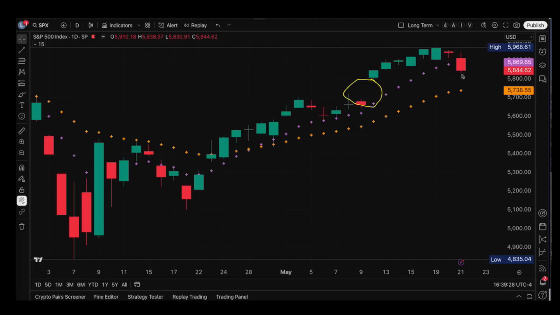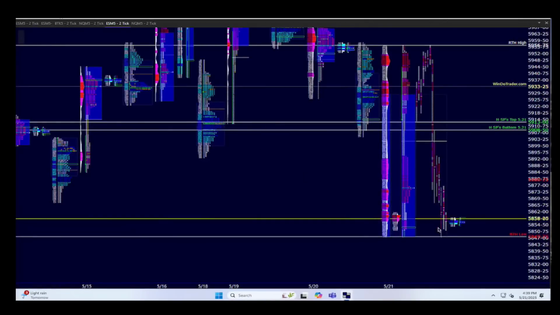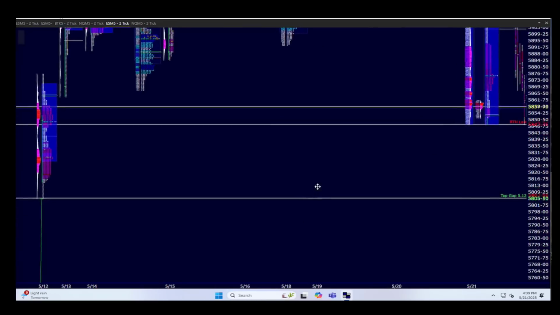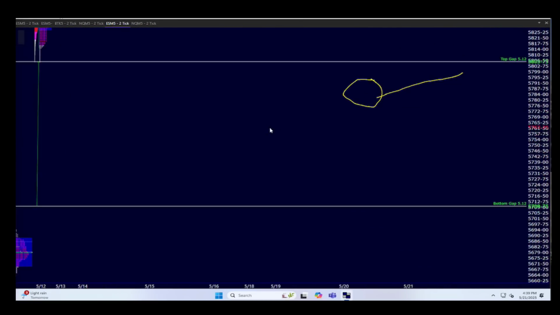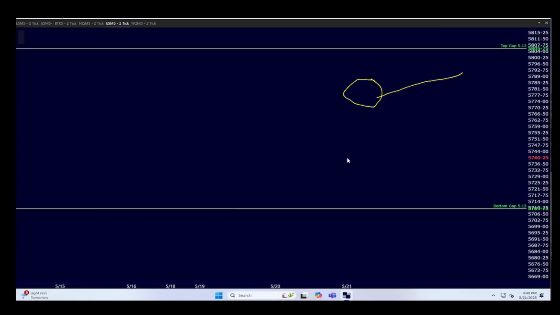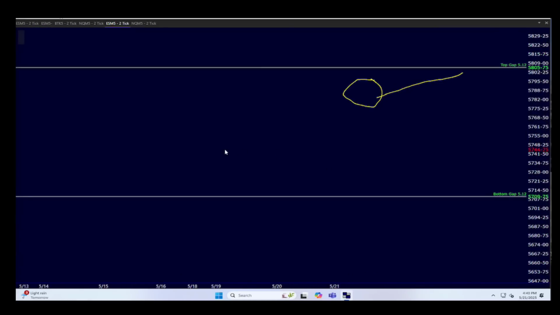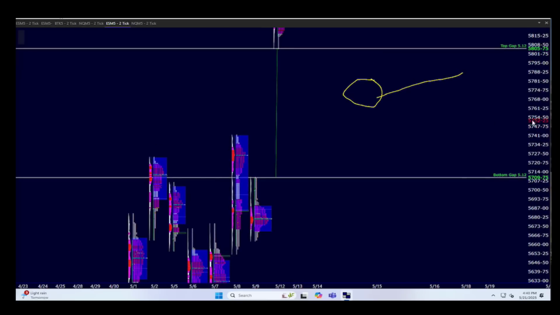Now the way I'm going to be looking at this is, if this selling is real and serious, then they should be able to fill in that gap. We'll see that overnight in the ES, in the futures. And so that's what I'll be monitoring. And it's a large gap. It starts around the 58.05 area, and it goes all the way down to the 57.09, 57.10 area. So that's a whole lot of excess.